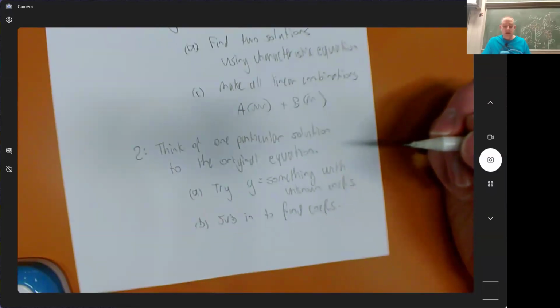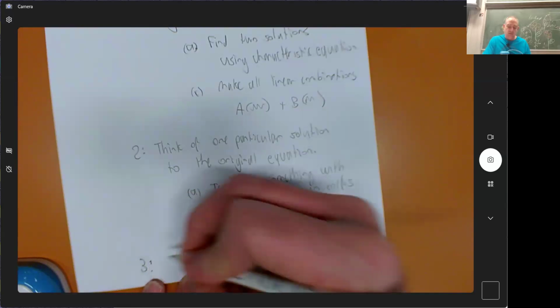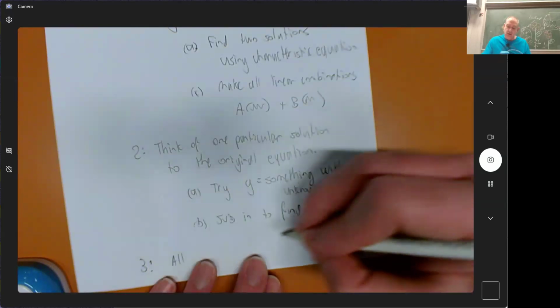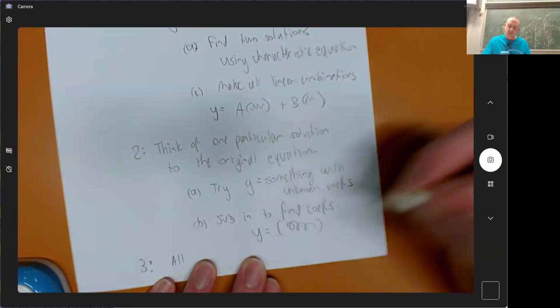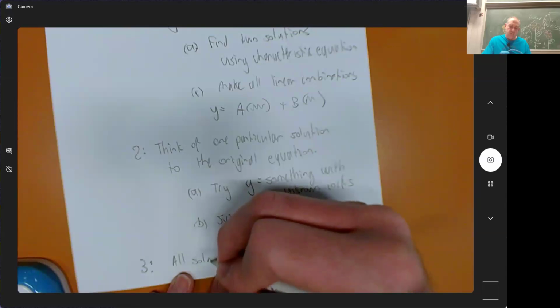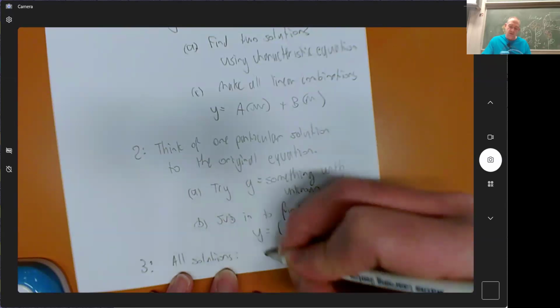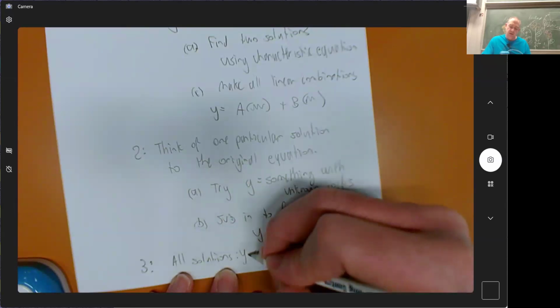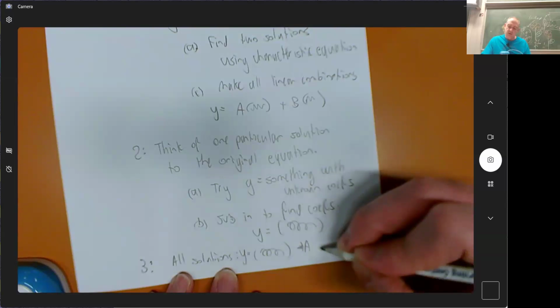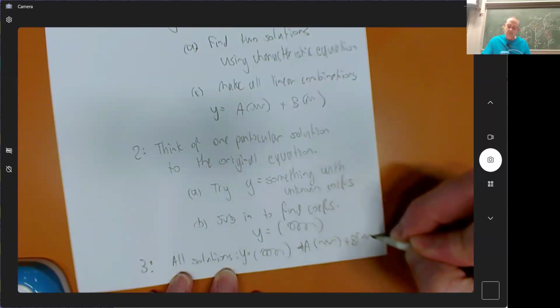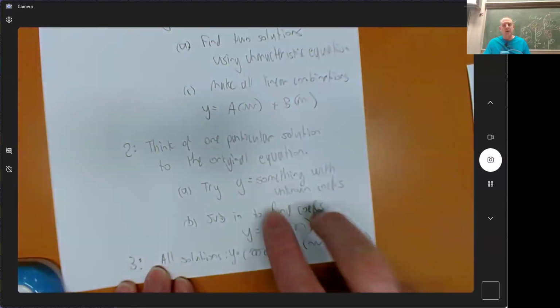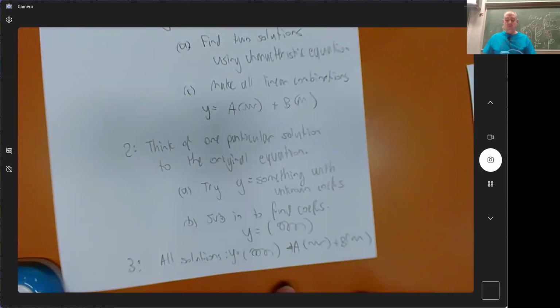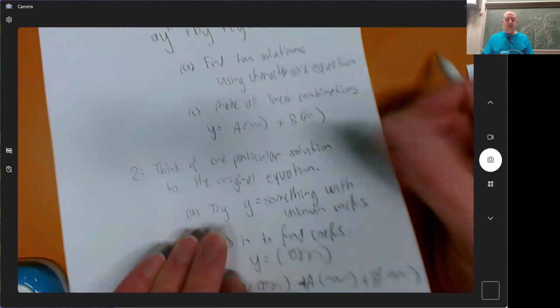Okay. And then step 3 is to add them together. All solutions are the particular one you found plus the one you found from the homogeneous one. So you take whatever you get here and whatever you get here and you add them together, and that gives you all the solutions. So that's the plan.